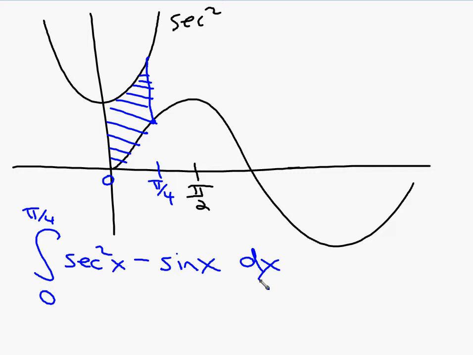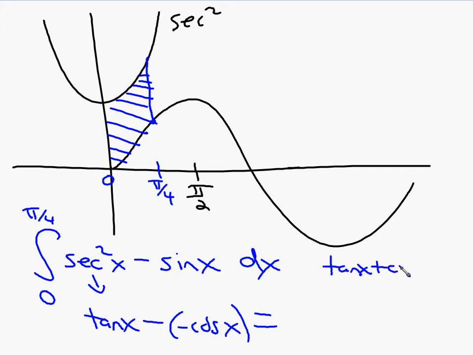Tangent. So the antiderivative is tangent of x minus the antiderivative of sine, which is negative cosine. So this is basically tangent x plus cosine of x evaluated from 0 to pi fourths.